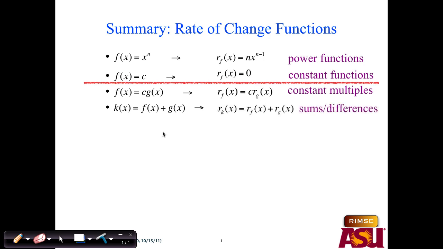So the rate of change of a sum or a difference of as many terms as you want is just the sum or difference of those individual rates of change. So term by term, you can find derivatives, as long as we know how to find the derivatives of the individual pieces, which we haven't talked about a whole lot of different sorts of so far, just power functions and constants.